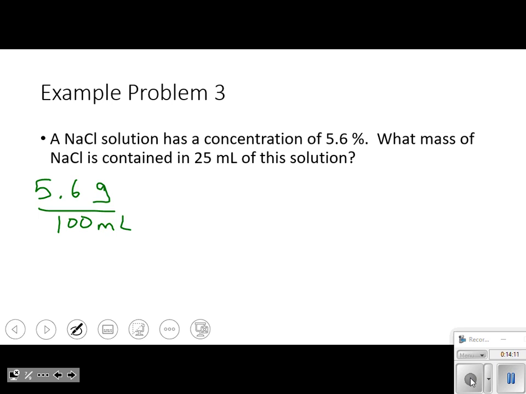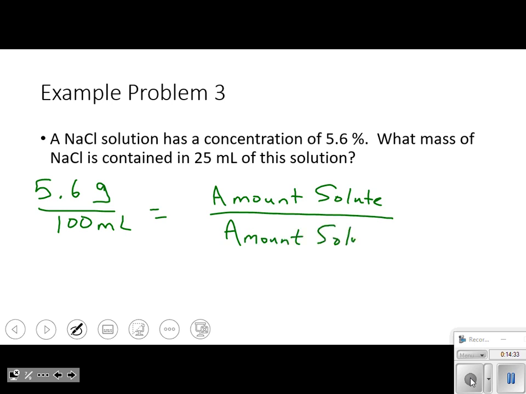Well, that's my concentration. So my concentration is equal to, not necessarily my mass, my amount of solute over the amount of the solution.